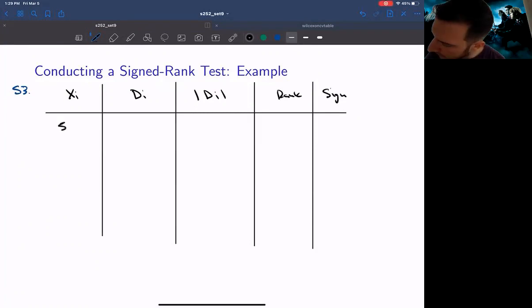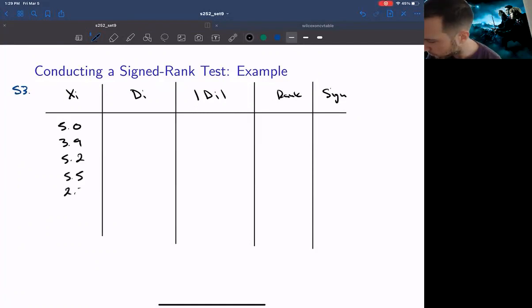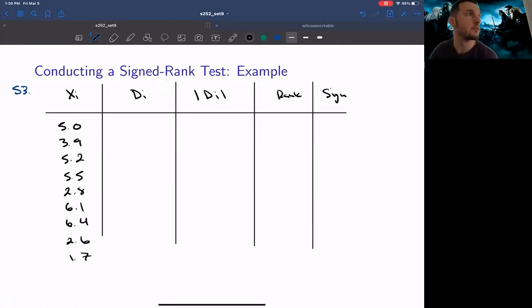Okay, so we have 5.0, 3.9, 5.2, 5.5, 2.8, 6.1, 6.4, 2.6, 1.7, 4.3.